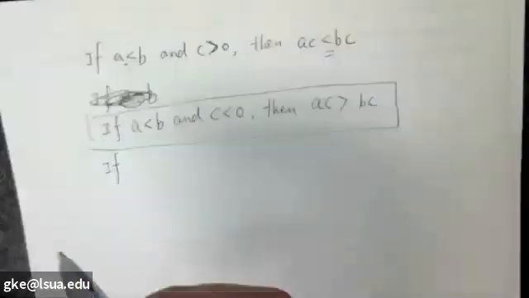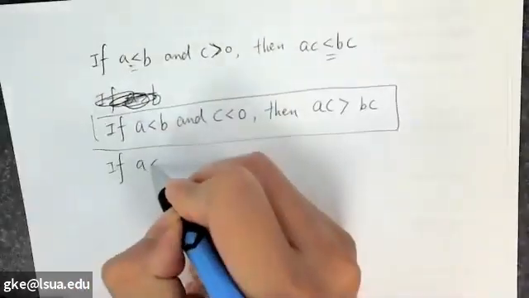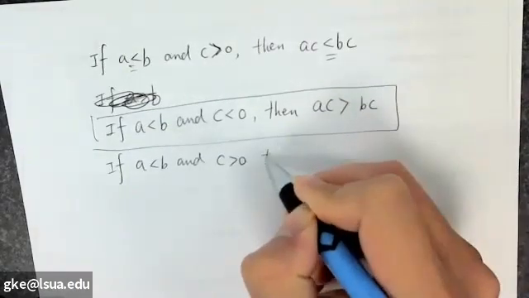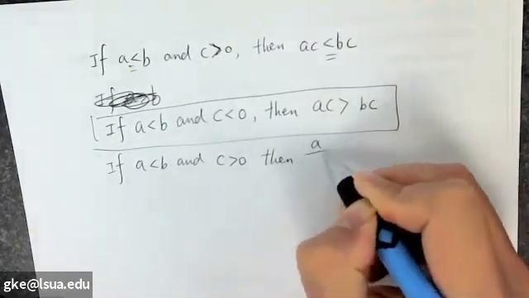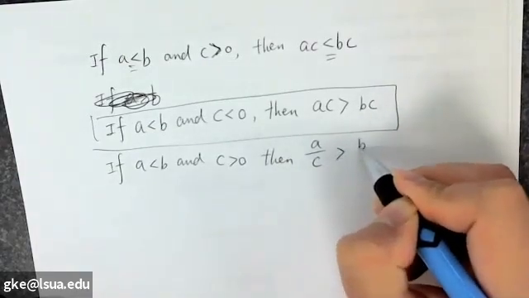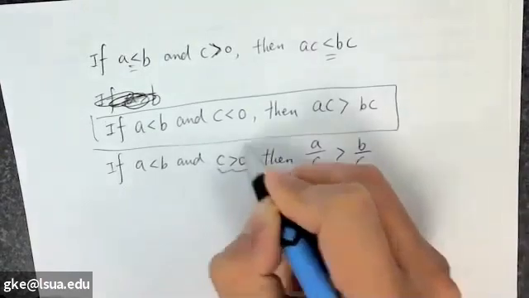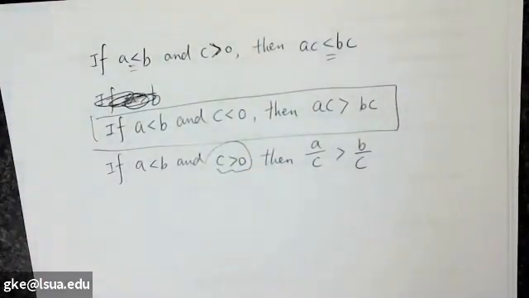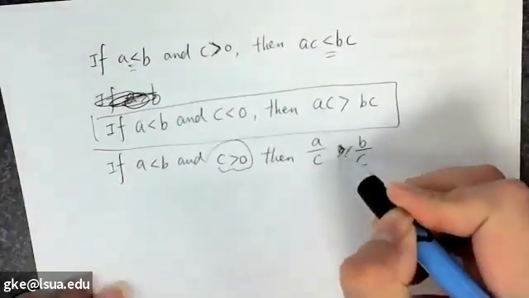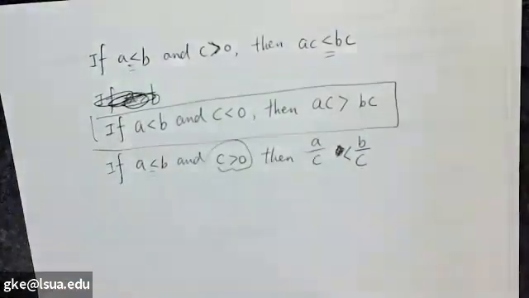Another one: if A is less than B and C is greater than 0, then if we divide both sides by C, we will not change the sign if it's positive. Oh sorry, it should be less than, because here it is less than.